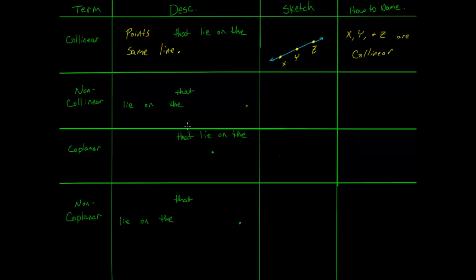With that being said, we should be able to figure out what non-collinear means. Non-collinear are points that do not lie on the same line. Move my period over here. So if we're going to sketch that and talk about it, I'm going to go ahead and draw a line.